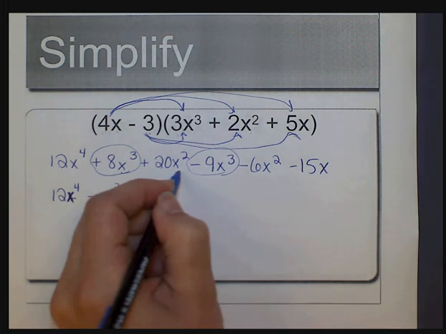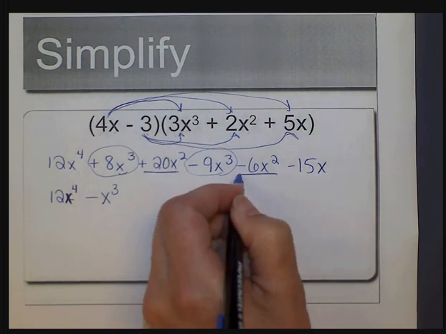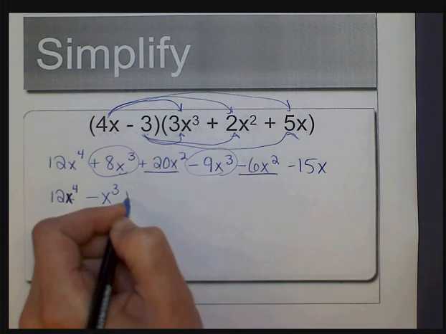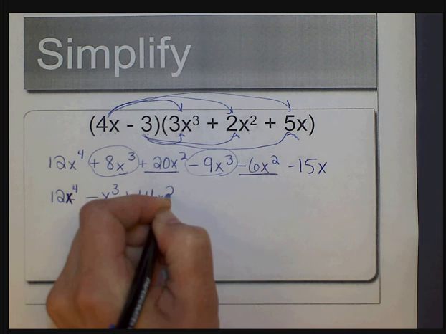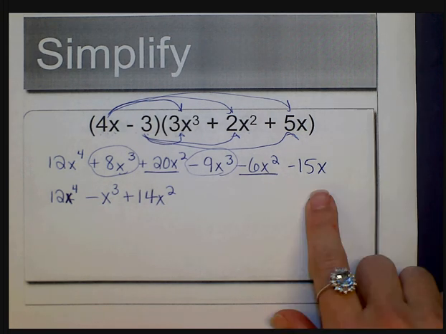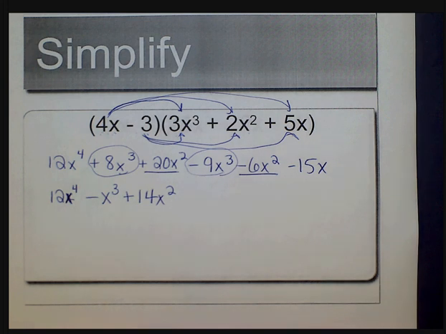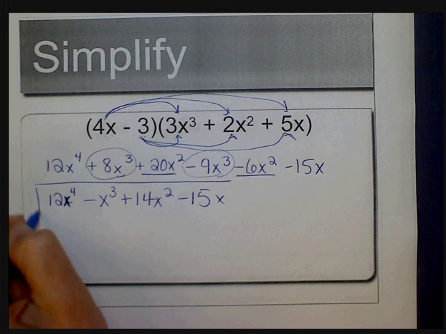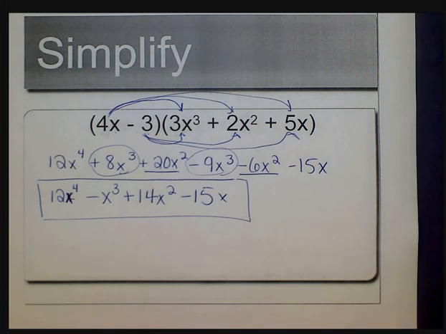And then I have a 20x squared minus a 6x squared, which will give me a 14x squared. And then I have my negative 15x with nothing to collect. So my final answer to this product is 12x to the fourth minus x cubed plus 14x squared minus 15x.